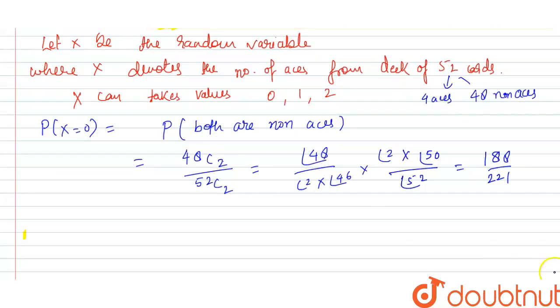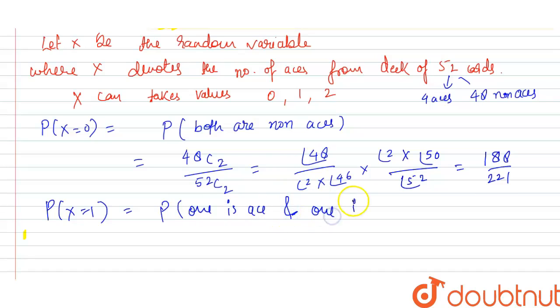Now we have to find P(X = 1). X equal to 1 means one card is an ace and one card is a non-ace. For one card to be an ace, we take out 1 card from 4 cards, and for the non-ace, 1 card from 48 cards.